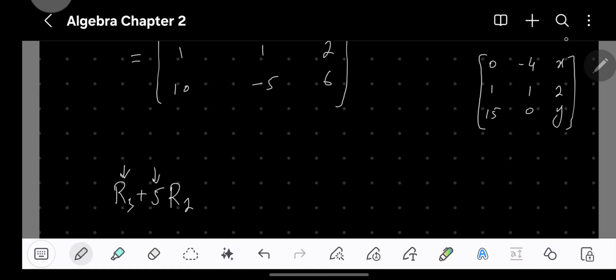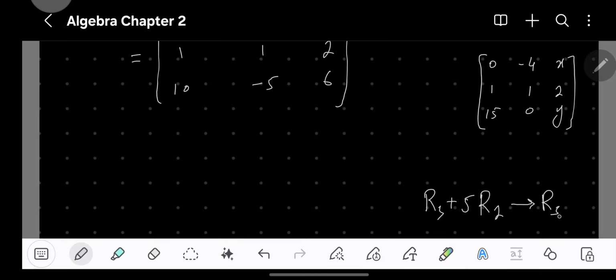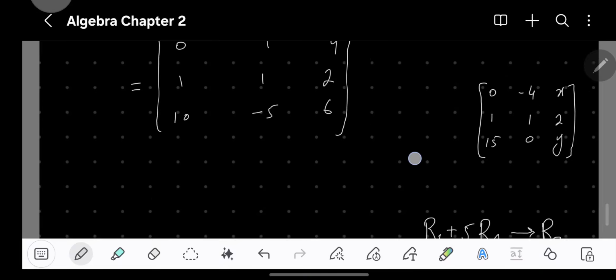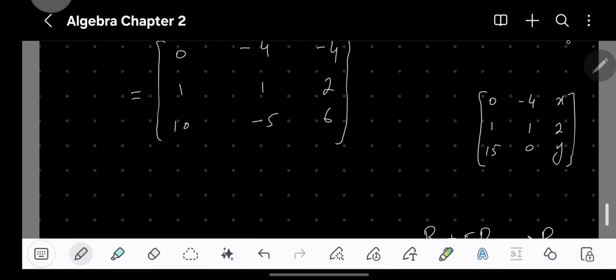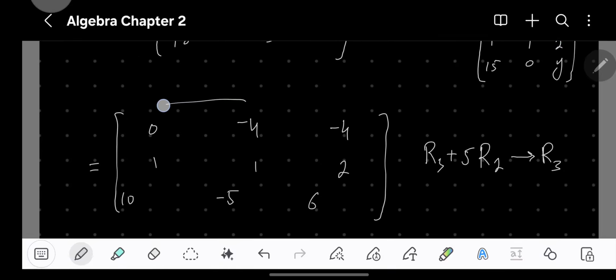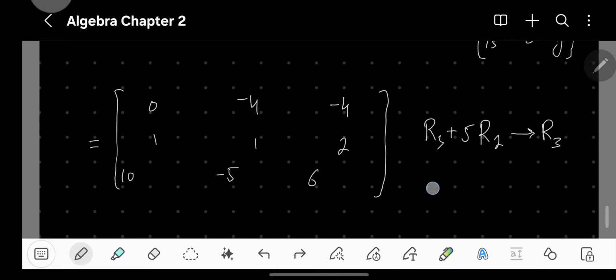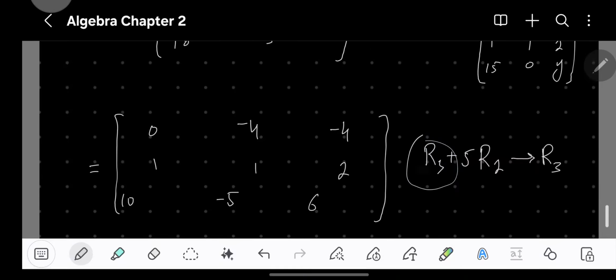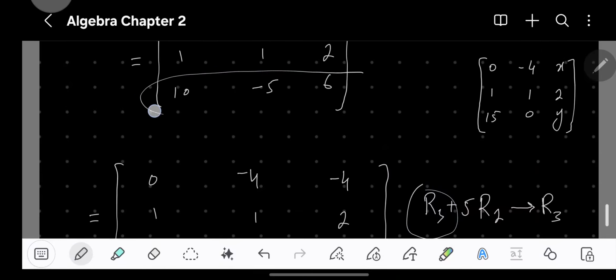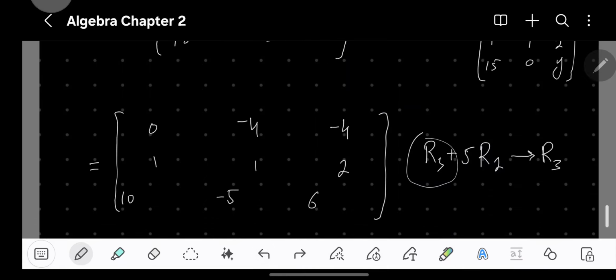I will apply this operation in row 3. That means the first 2 rows are unchanged and the last row is replaced by R3 plus 5 times R2. The last row is R3, 10 minus 5, 6.